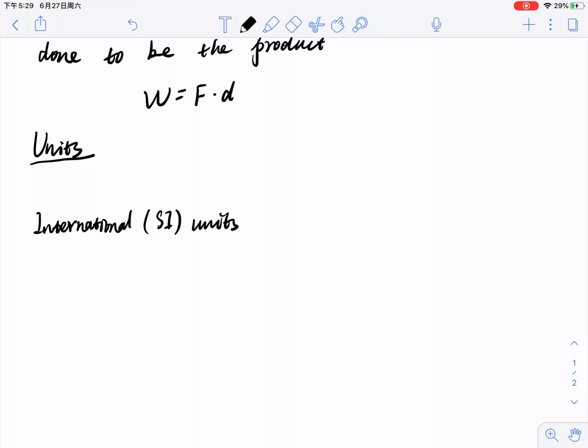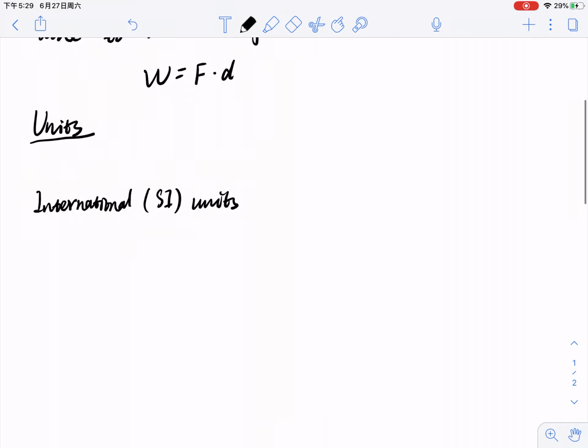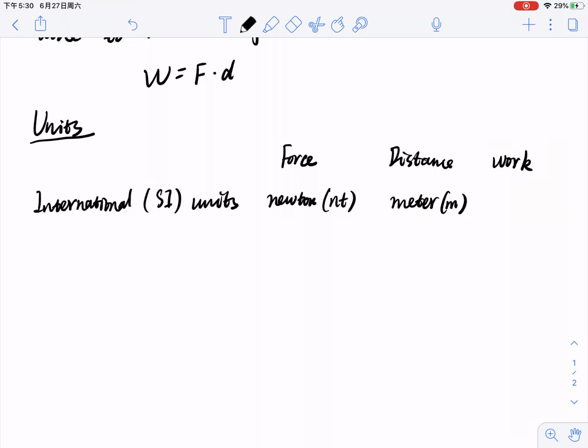The unit of force is the newton. NT is short for newton. The unit of distance is the meter. M is short for meter. The unit of work is the joule. J is short for joule.